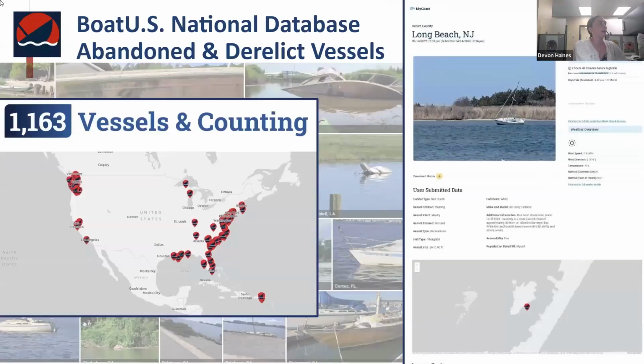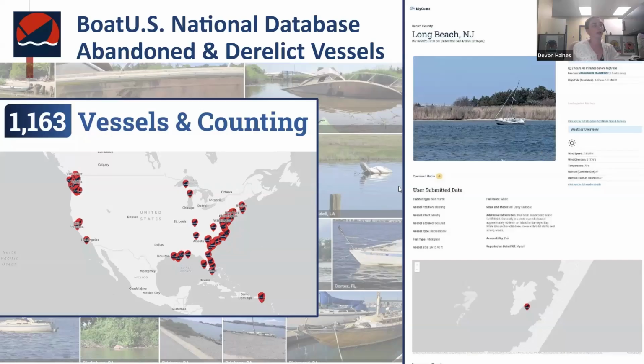And then here is the Federal Boat US tool. So when you first go on, you're going to see the full state map where you can see all the different abandoned vessels that have been reported. You can zoom in and see different vessels within your state. You can click on each of these pins and it'll pull up a little summary of what the report is, and you can open the report into the full view, which you see over here on the right again.